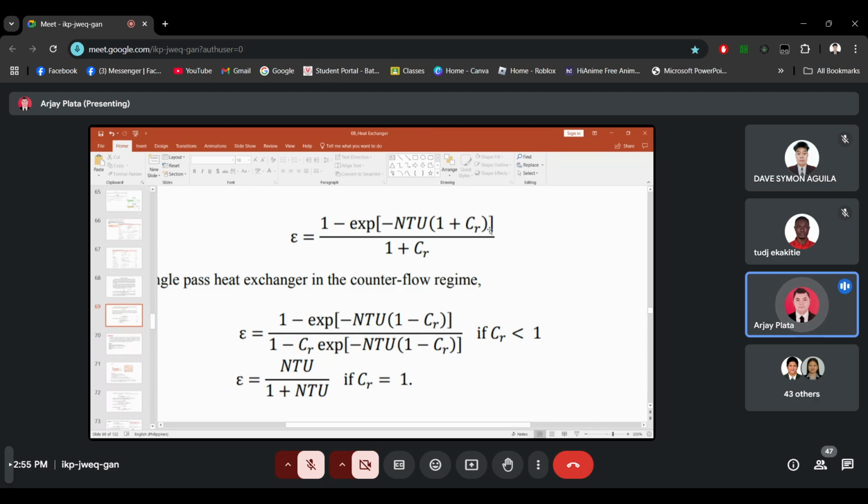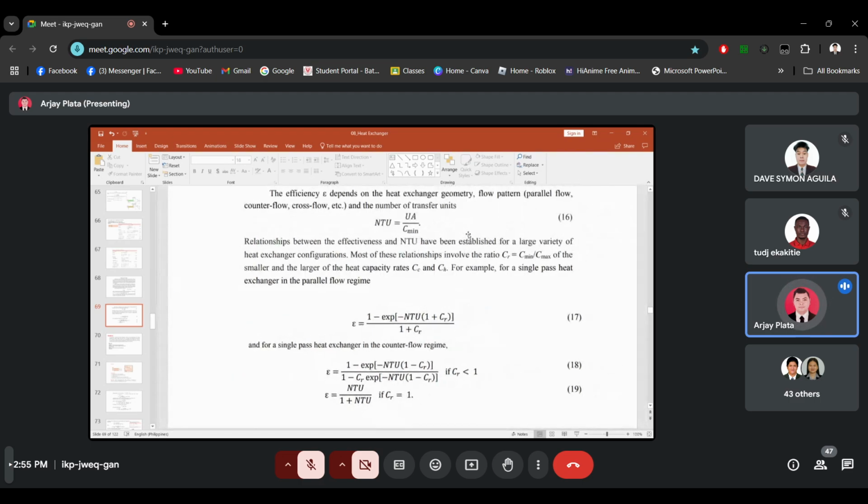This is just an example of the formula. This is for a single pass heat exchanger in parallel flow regime. In counterflow regime, there is another equation, which is different from the parallel flow. As you can see, the flow has a big impact on the effectiveness.